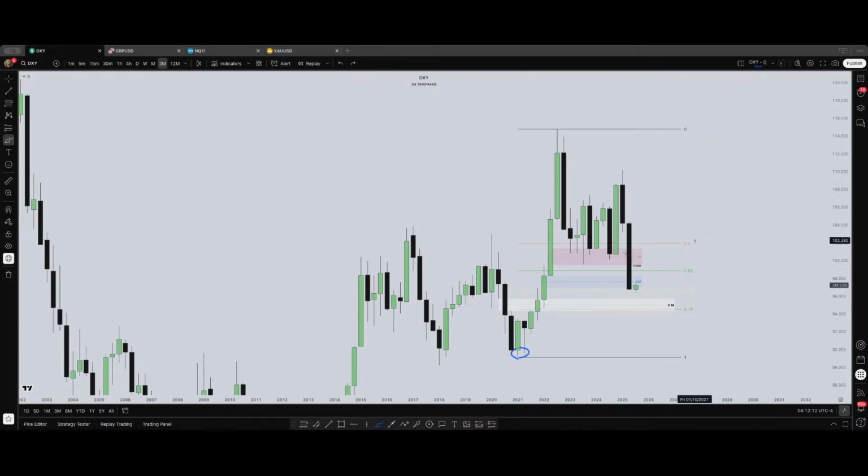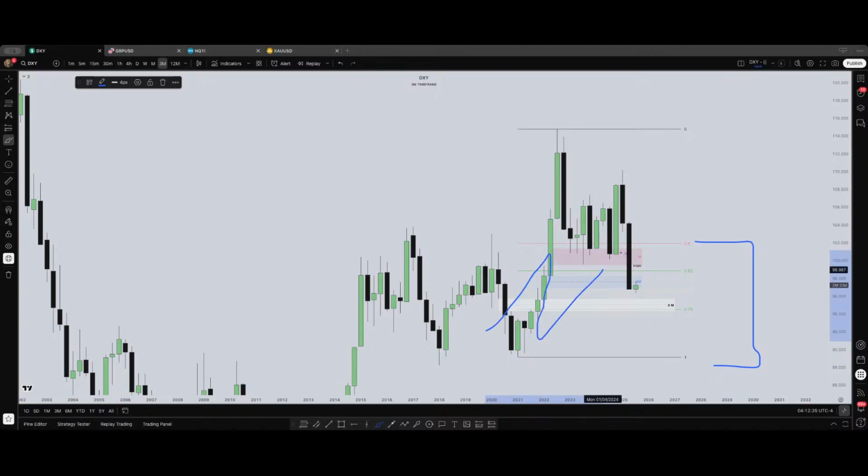The upper part is called premium, and the lower part is discount. So price now, after this long movement, is retracing, and we're always expecting it to retrace at least into the discount area.